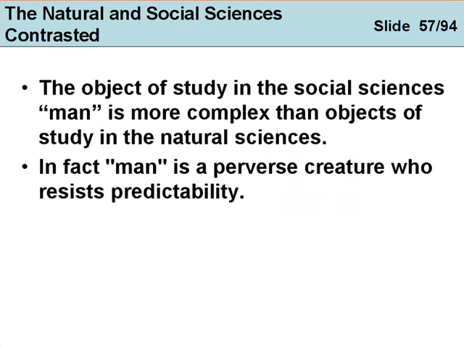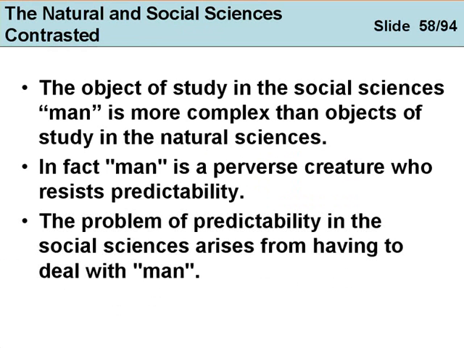In fact, we don't like to be predictable. If we're told we're predictable, it's almost a term of insult. We want to change our opinions and the way we are. We want to change our style of living. We don't want to be predictable. So the whole problem of predictability almost arises from having to deal with mankind.